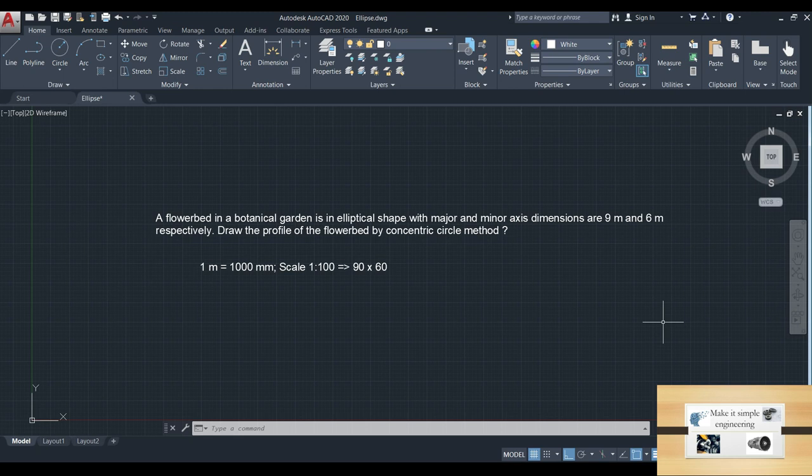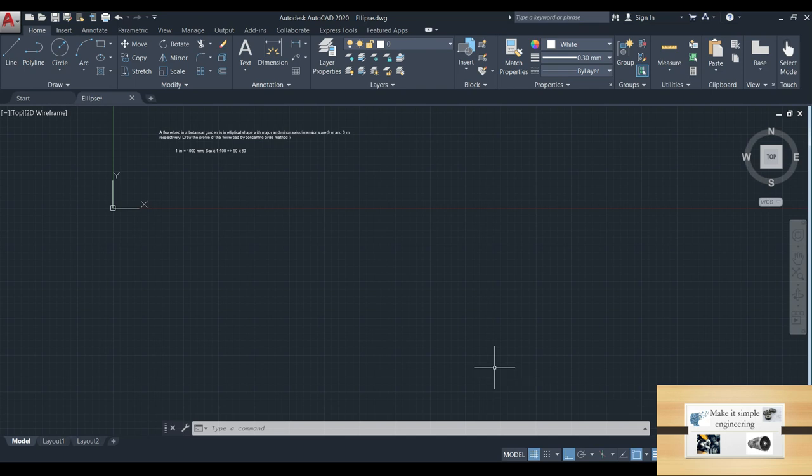So here 1 meter is 1000 mm, we know that, and while we use 1:100 scaling, let's say, then 1000 mm becomes 10 mm, and 9 meter is 9000 mm, so 9000 mm becomes 90 mm, 6000 or 6 meter becomes 60 mm. So we use the scale of 1:100.